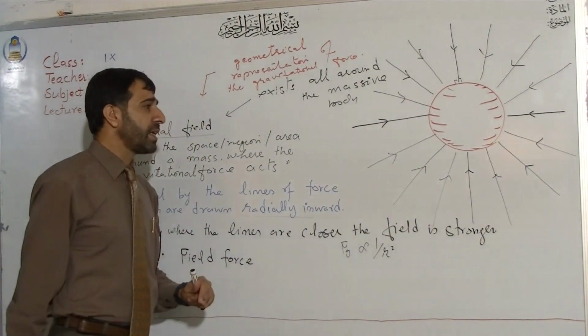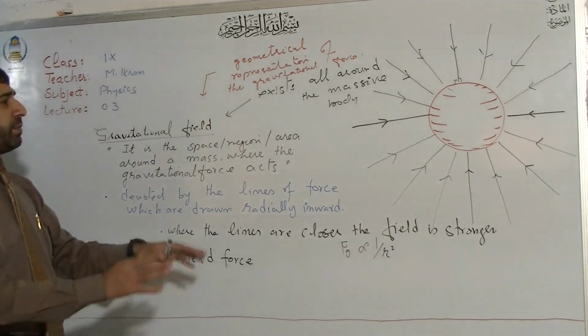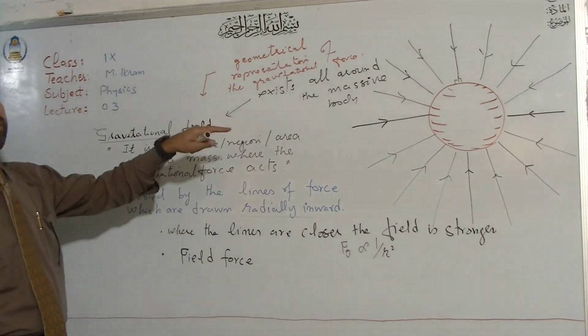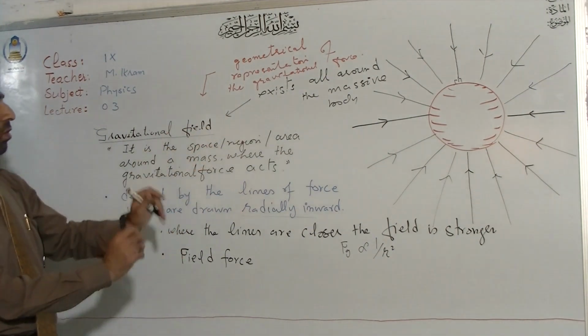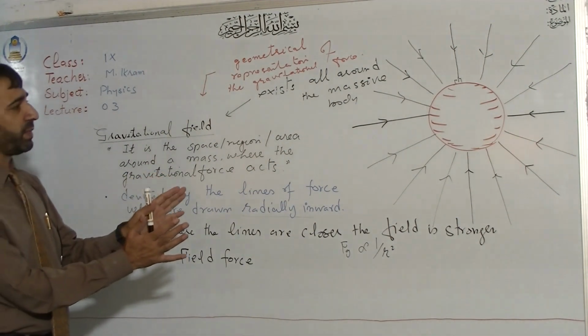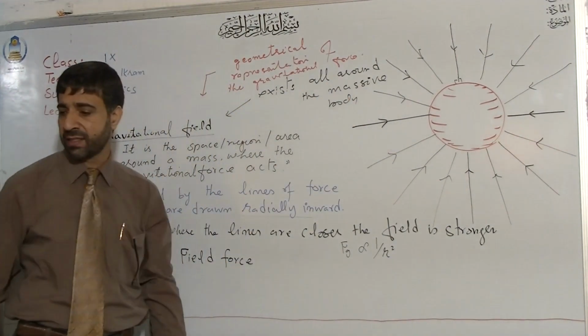Second, the gravitational field lines are the imaginary lines which indicate the gravitational field around any mass of objects. Where these lines are closer, the field will be stronger. Where they are far apart, the field will be weaker. And what does this mean?